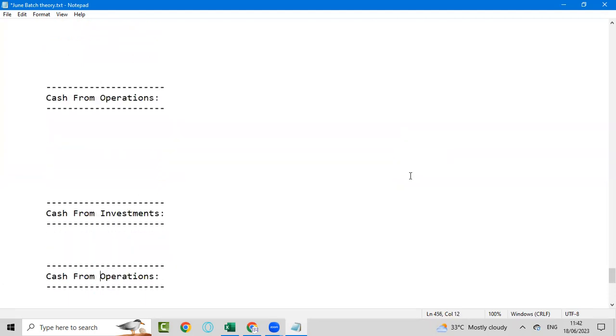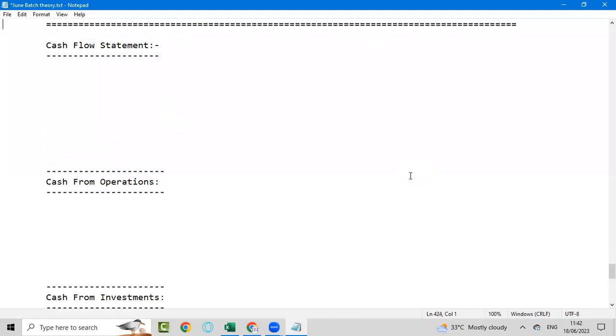Third is cash from financing. So to prepare the cash flow statement, there are two methods. One is direct, another is indirect. We maximum times prepare indirect method of cash flow statement. So that will start with profit.